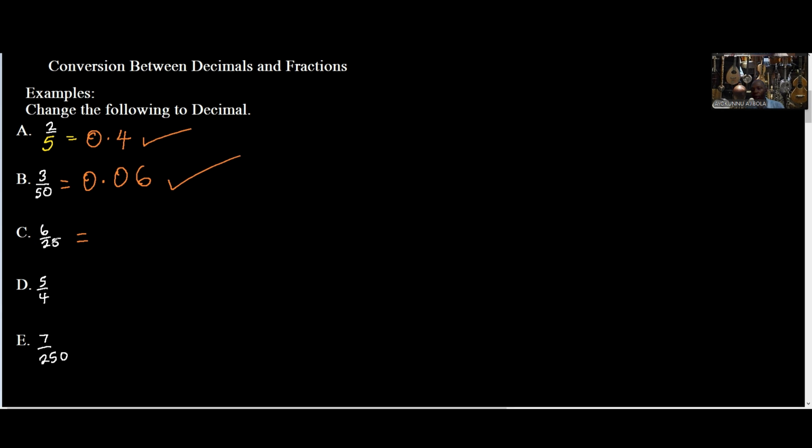Yes. So can 25 divide 6? No. I put a 0, that's 60, right? Yeah. How many 25 is in 60? That's 2, right? 2 times 25 is 50. So if you remove the 50 from the 60, you have 10, right?